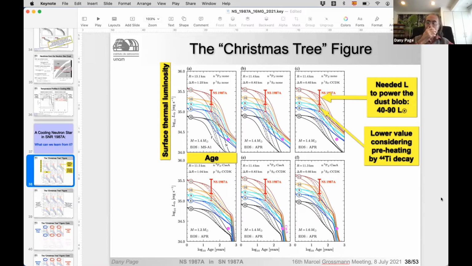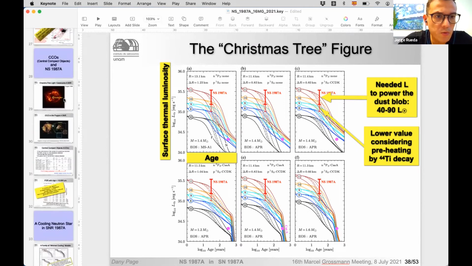May I have a short question? Quick. If you forget about that, if you assume that the heating comes from the traditional pulsar activity, and you estimate the magnetic field of the neutron star, what would be the value?